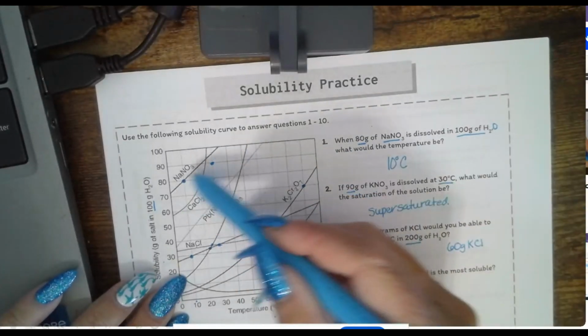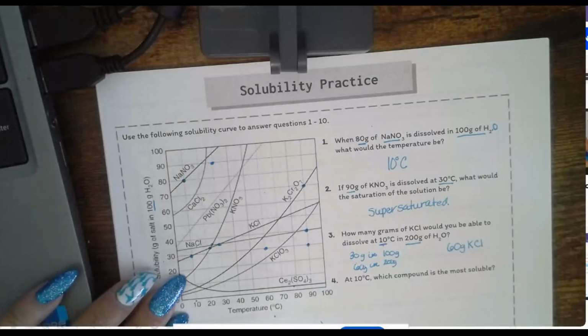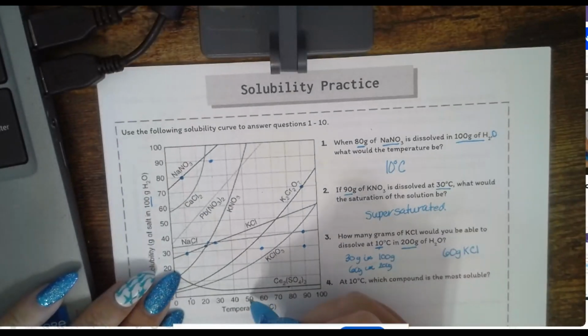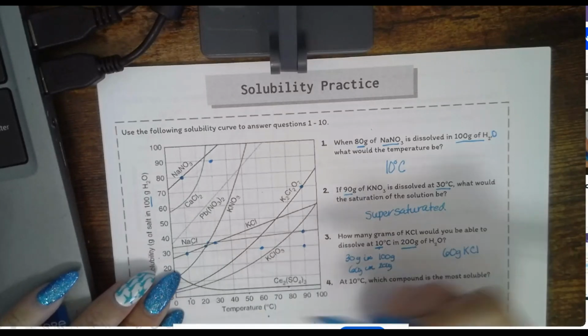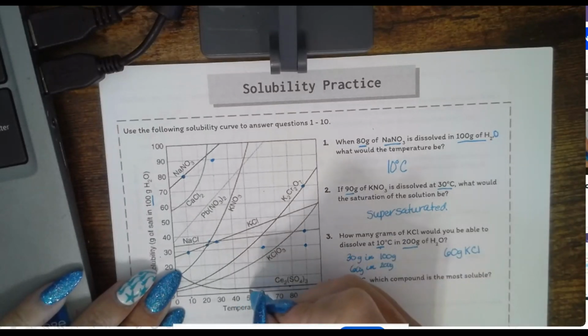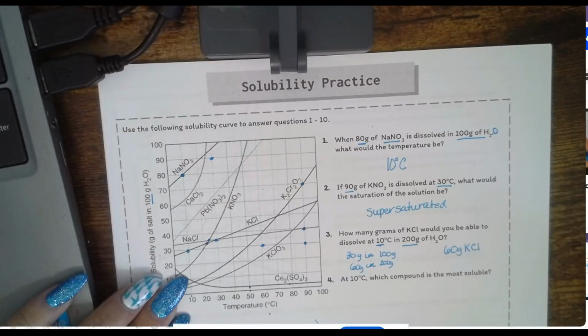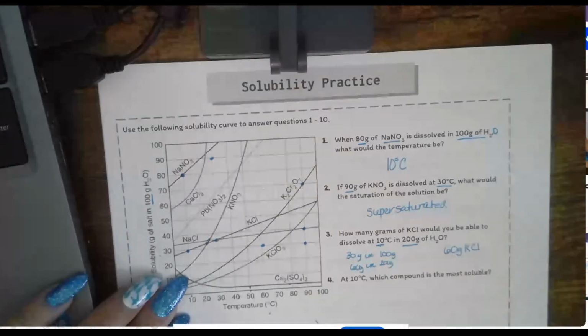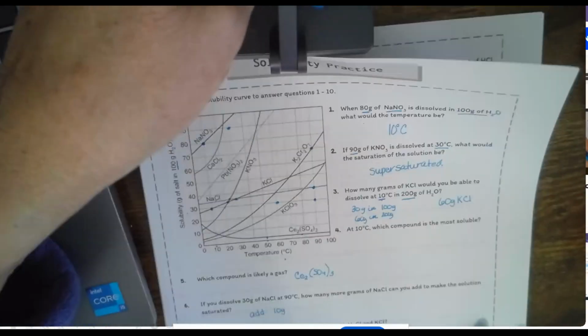Most soluble would be whatever's up here. So at 50 degrees Celsius, the least soluble is the line that you come to first. In this case, it's Ce2(SO4)3, cerium sulfate, which is going to be the least soluble.